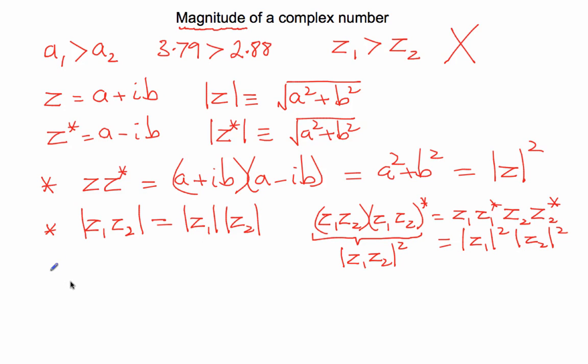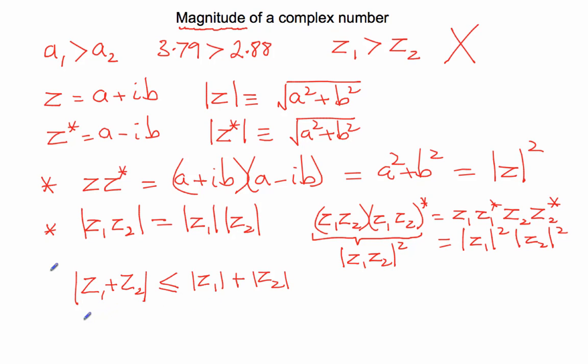An important property of the modulus is that if I have two complex numbers z1 and z2 and I add them, and then I take the modulus, then this number is always less than or equal to the sum of the moduli of z1 and z2.